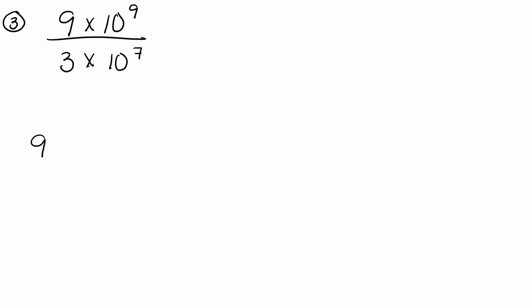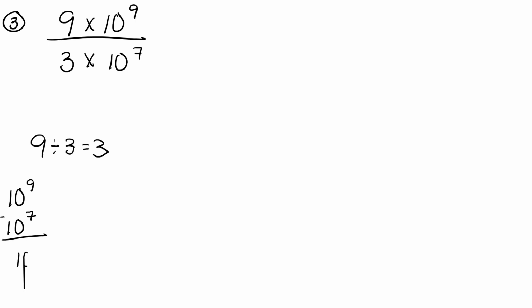For number 3, we have the problem 9 times 10 to the 9th, and we're going to divide it by 3 times 10 to the 7th. So starting out, if we do 9 divided by 3, we end up with 3. And if we're dividing, we would subtract our exponents, 10 to the 9th and 10 to the 7th.